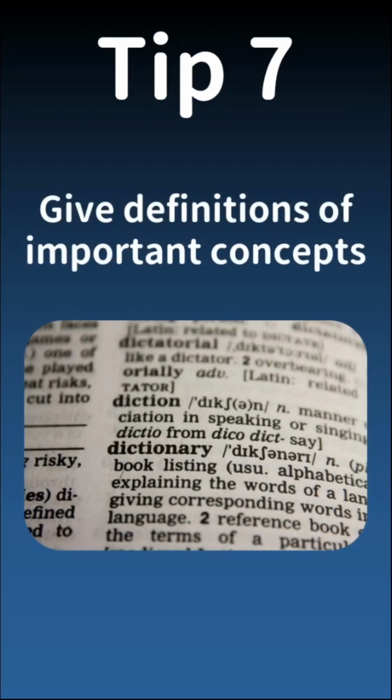The next tip is to give definitions of important concepts that you use. So, for example, if you write an answer about, as we saw in the example before, describe sex differences in personality, maybe it makes sense to say, well, what exactly do we mean with sex differences?